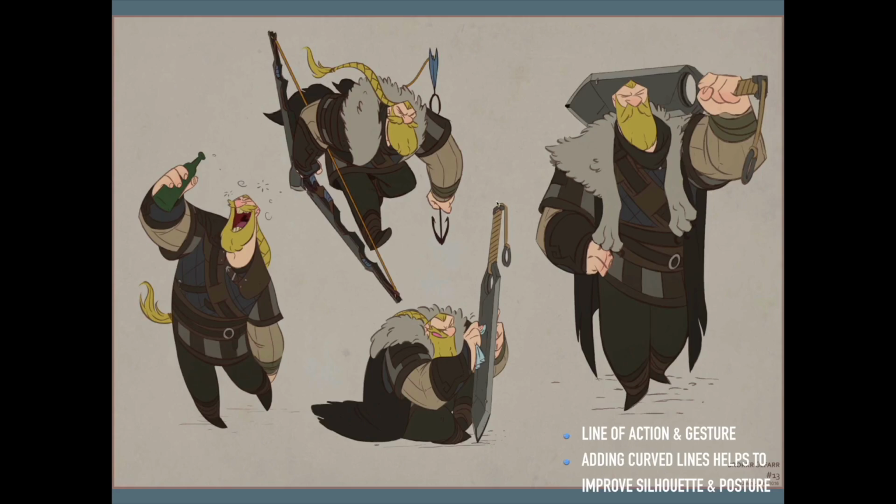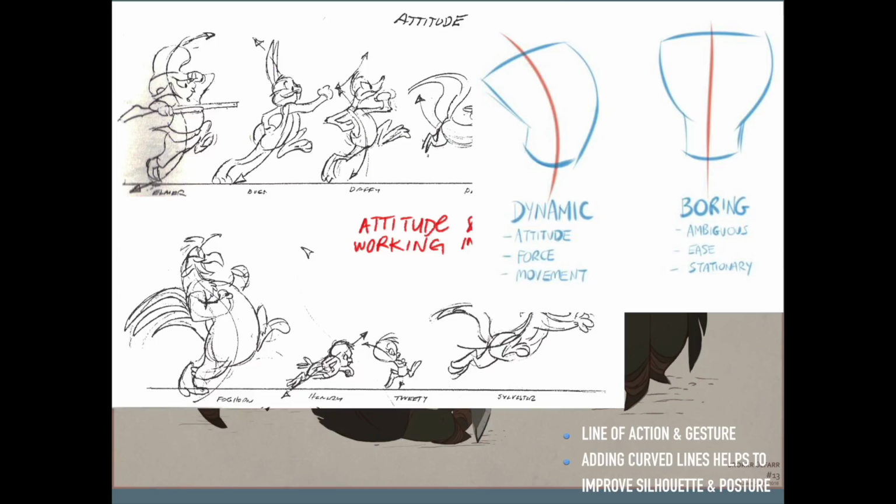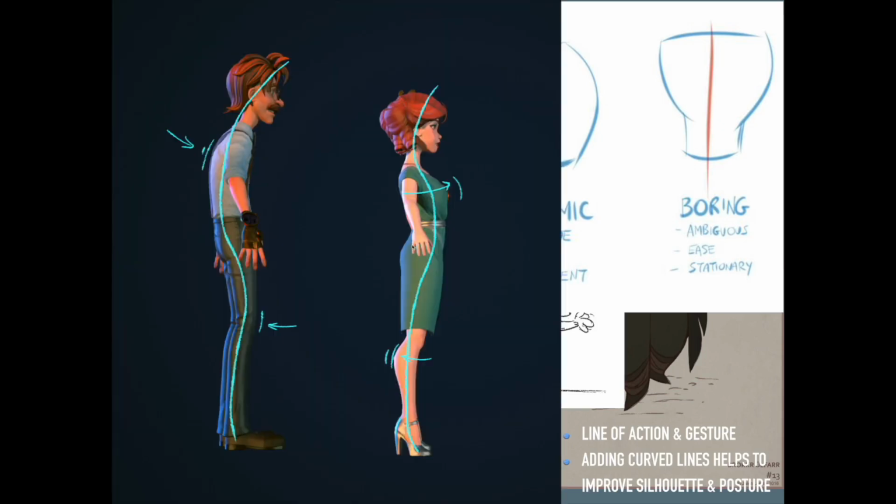It is also important to know about the line of action. You can imagine it as a line that goes through the whole body of the character, following his gesture and distributing his body weight. Even when we are making the concept in A pose, it is good to take a look at his body from the side and make sure that he has a nice curve running through his body.